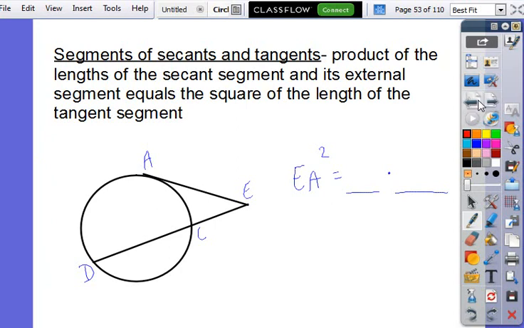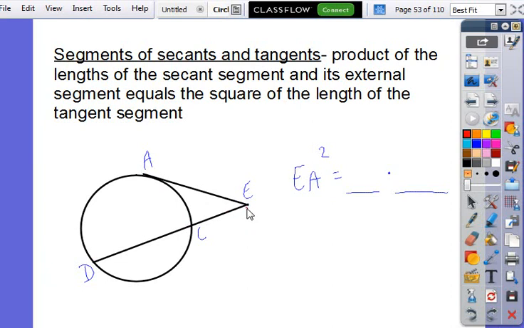All right, last row here. Then you've got a secant and a tangent. The product of the lengths of the secant segment and its external segment equals the square of the length of the tangent. In other words, you're going to take the tangent one and square it. The secant one is going to follow the same rule it did last time, which was what? Outside times whole. So if you ever see this right here, the DE part, that rule is the same.